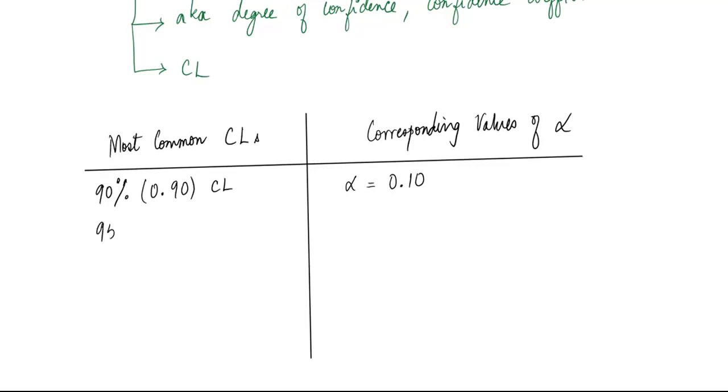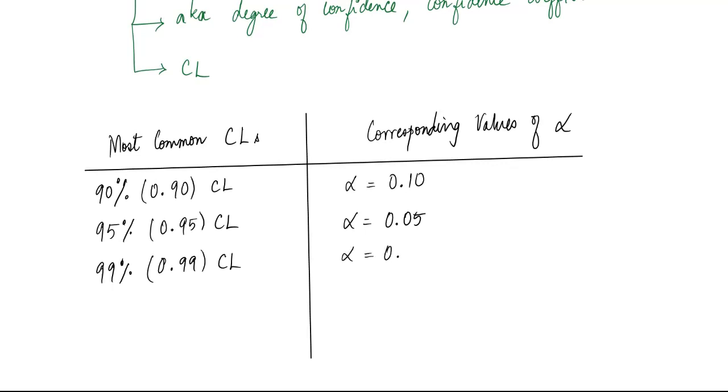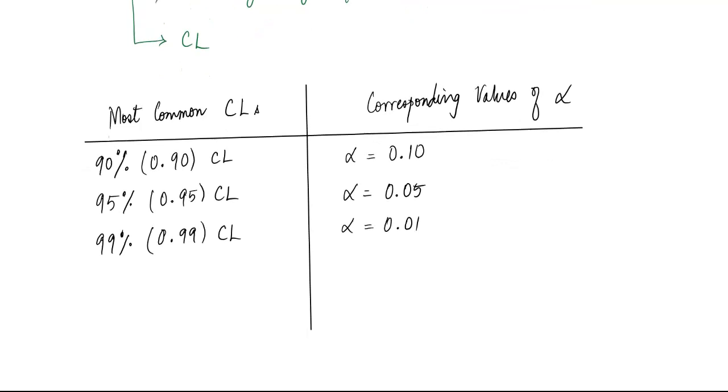And if my confidence level is 95%, 0.95, then the leftover, right? We're 95% confident, so the error could lie in the remaining 5%. So your alpha is 0.05. Then you have 99%. So you're making it stricter and saying, well, the room for error here is 1%. So your alpha is 0.01. So that's a relationship between confidence levels and the alpha value.